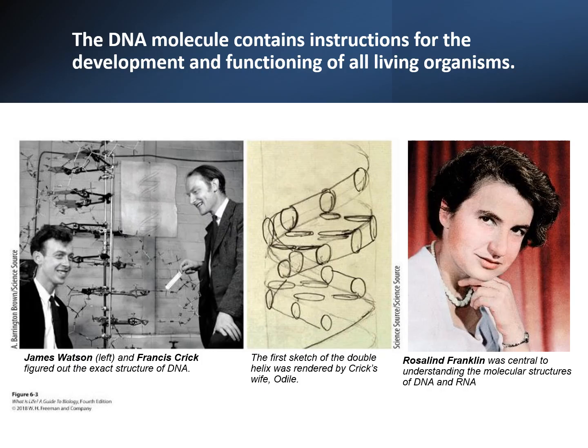In fact, Francis Crick's wife, Odile, was the individual who sketched that first rendering of a double helix DNA structure. We also have Rosalind Franklin to thank, who was integral in understanding the molecular structure of DNA and something that we will talk about here in just a second, RNA.